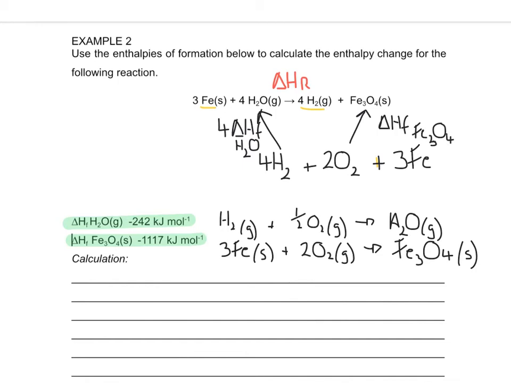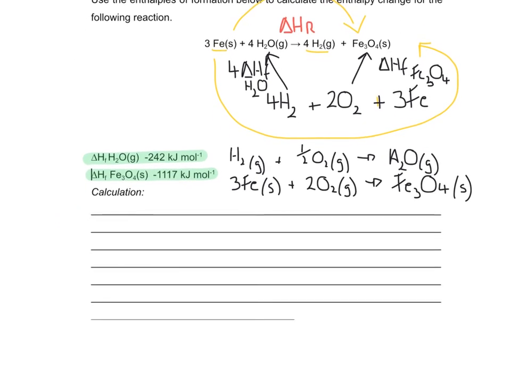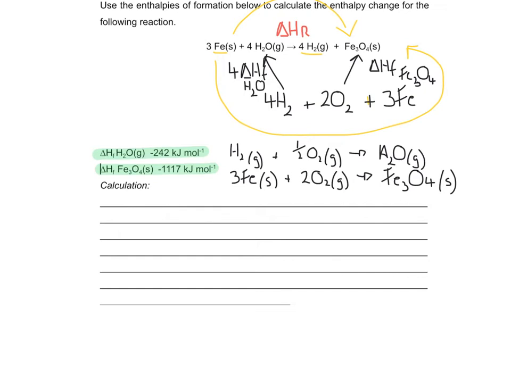Now I'm going to solve it in the same manner that we used for example 1. So here is the direct route, here's the indirect route, and I'm taking into account whether I'm going with the direction of the black arrow or whether I'm going against the direction of the black arrow.